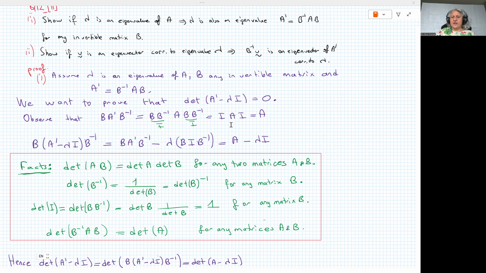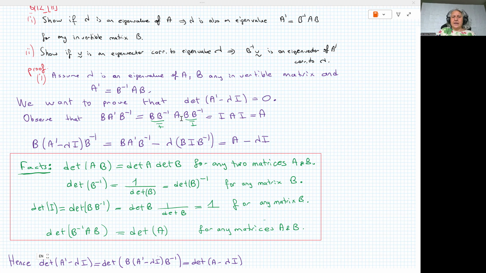So if A prime is B inverse A B, then B A prime B inverse is also A. This will help us when we are calculating this determinant.